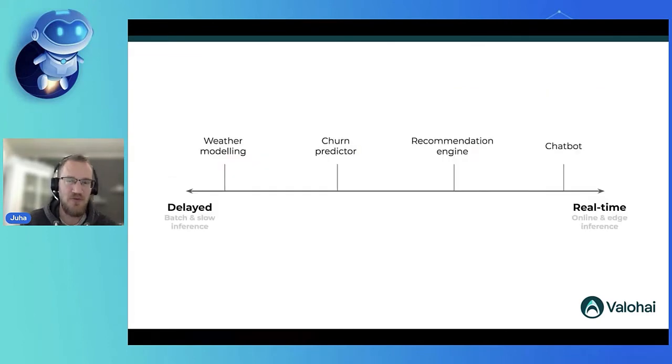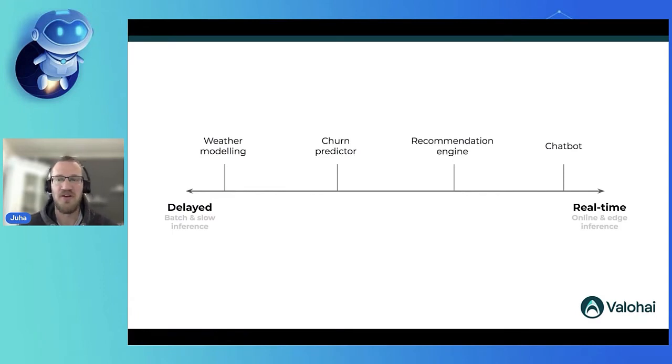If we look at some common machine learning use cases, they land in the spectrum between delayed and real time. Let's say the weather modeling here, those models are usually super slow.